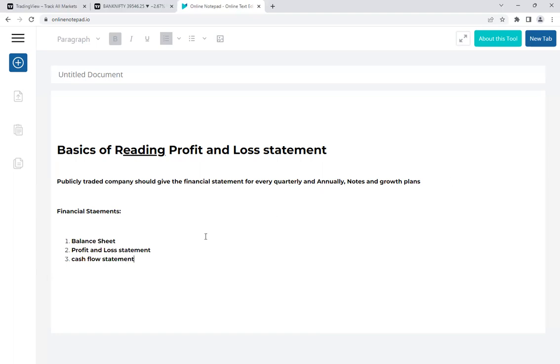I have done one video on the balance sheet. I will provide you a link for the video in the description. You can refer to it. In this video, let us focus on the profit and loss statement, and I will provide you one more video on the cash flow statement, on the basics of reading and analyzing cash flow statements.